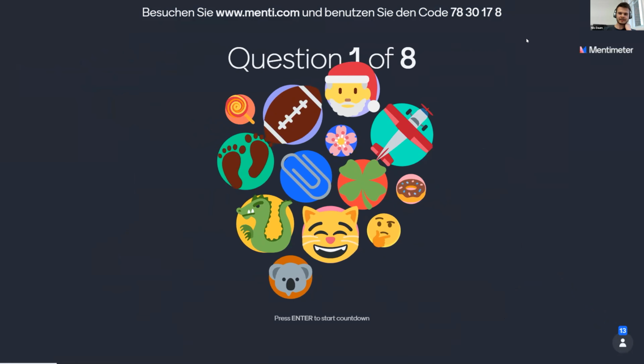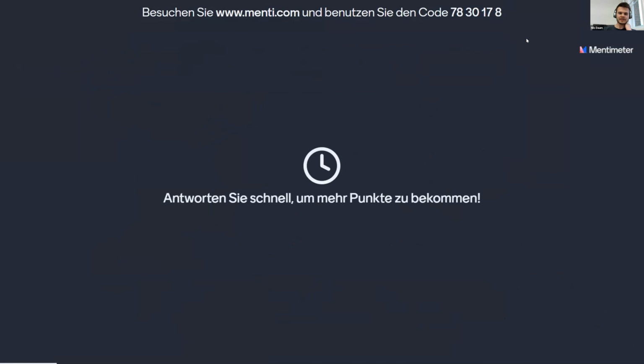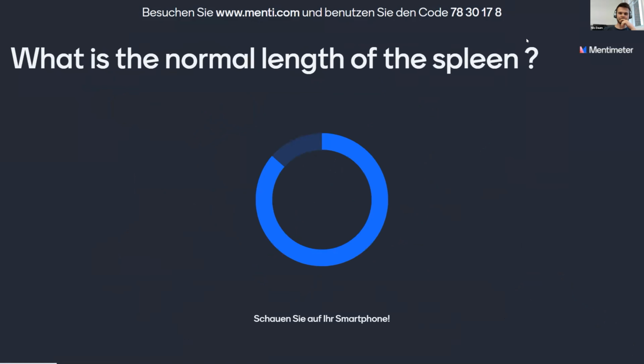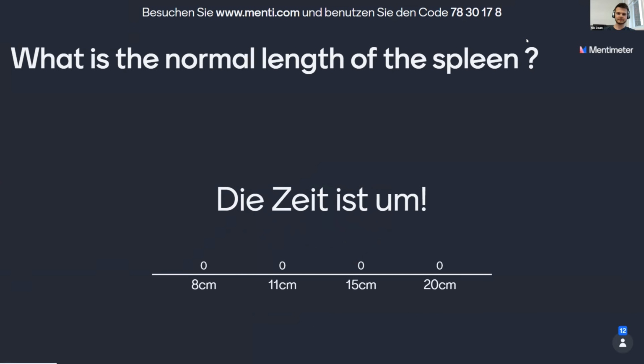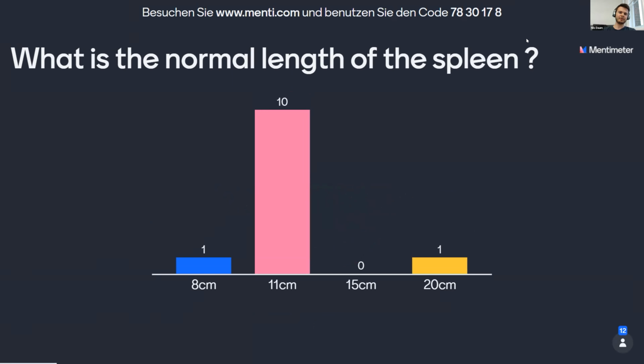That's perfect. So how long is the normal spleen here? Is it 8, 11, 15, or 20 centimeters long? Yeah, perfect. 10 were right. It's around 11 centimeters for the normal spleen.